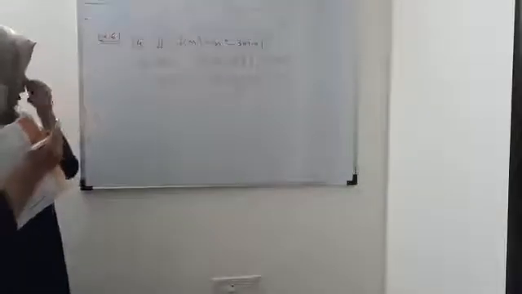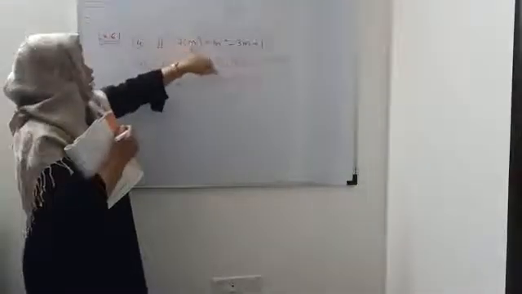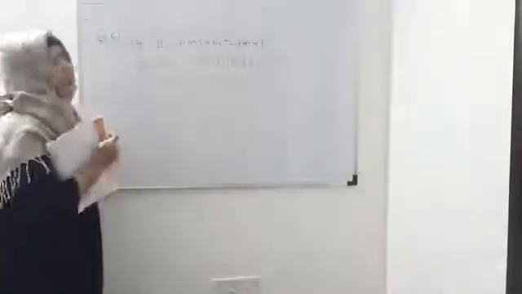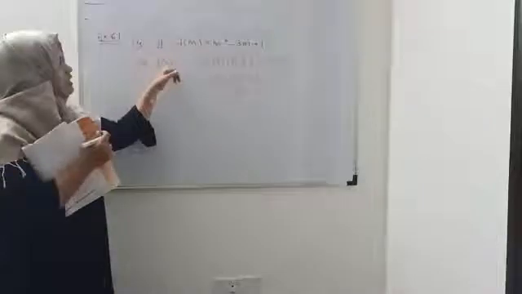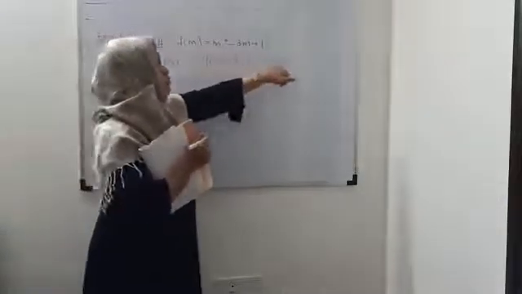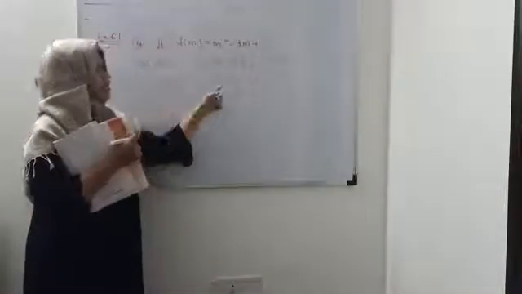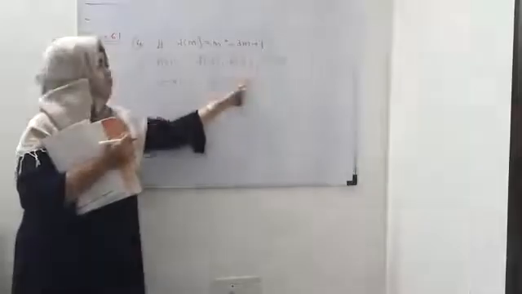The function is given in the form f of m equals m square minus 3m plus 1. We need to find the values of the function at 0, minus 3, half, x plus 1, minus x, and f of 2 plus h minus f of 2 upon h.